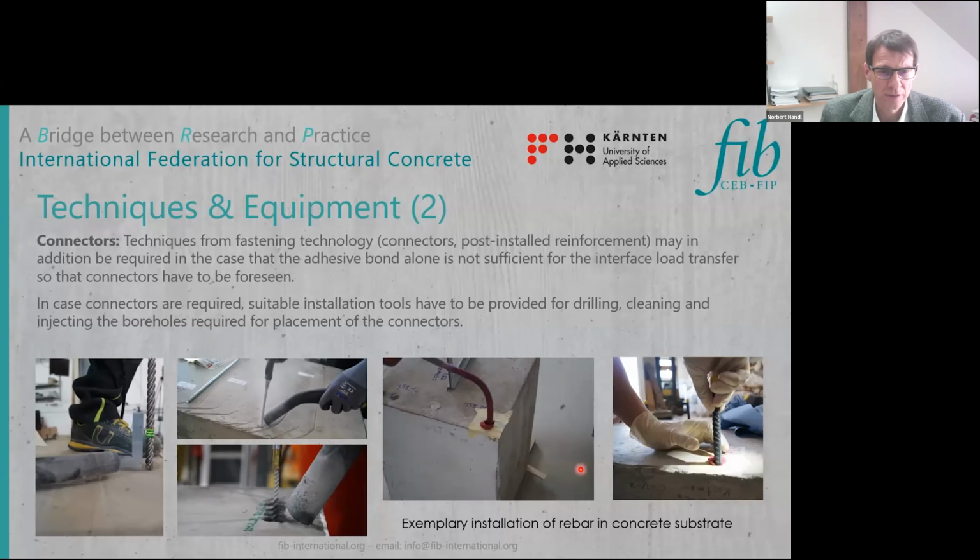So here, drilling the hole to a certain depth. Then you have to clean the hole. You inject the bond mortar, high bond mortar usually, and then you set the reinforcing bar or any other type of connectors. This is just an example of a possible process.